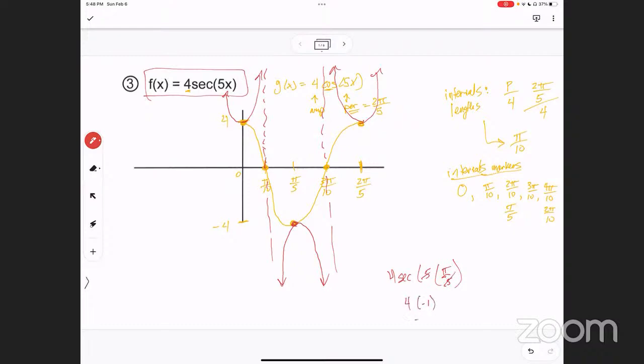And 4 times -1 is -4. And yeah, there it is, pi over 5 comma -4. You can do that for other points as well, but just do it for that one to double check for yourself that you did it right. Okay, good. Yeah.